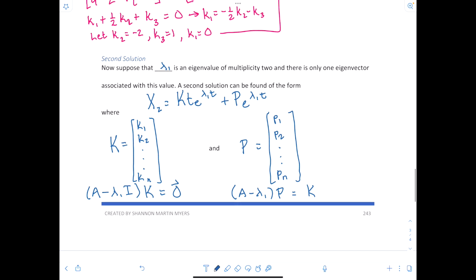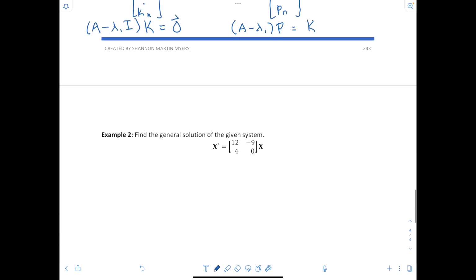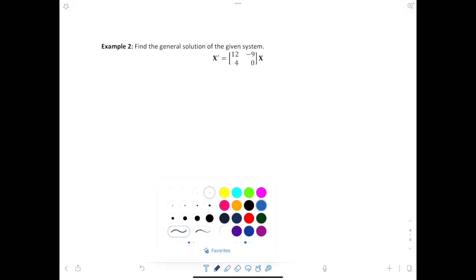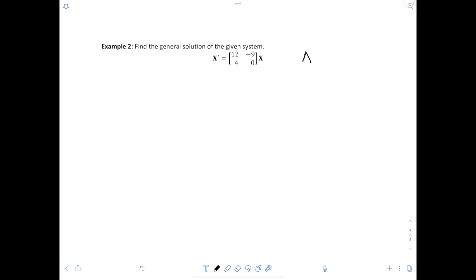All right, so now let's take a look at an example. Find the general solution of the given system. So A is equal to 12, negative 9, 4, 0. And so A minus lambda I is equal to 12 minus lambda, negative 9, 4, and then negative lambda.